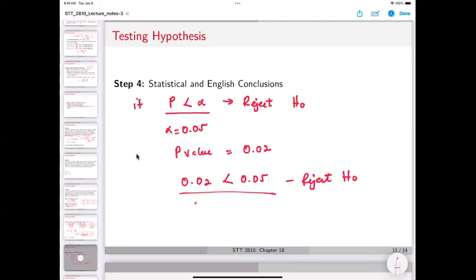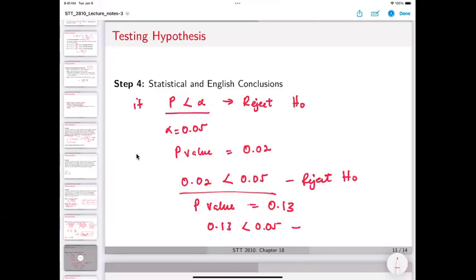How about if the p-value is equal to, say, 0.13? Is 0.13 less than 0.05 true? No. 0.13 is greater than what? 0.05. If you are confused, one thing I also say is to multiply by 100: you get 13 and you get 5, so you can see this is not true.